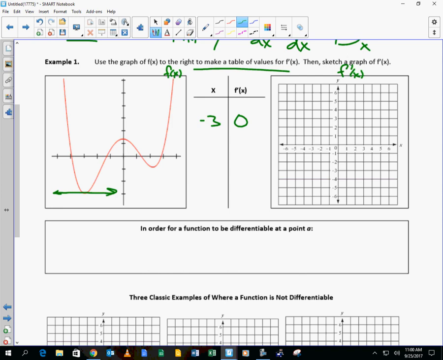Is there another spot where the graph has a derivative of 0? Sure, 2. What else? Yep, 0. So those are important spots on the graph.